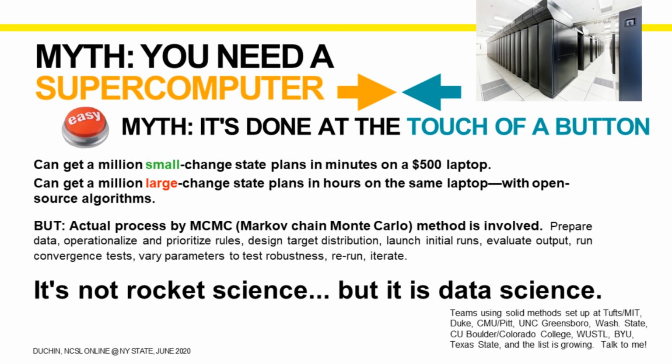There's a team at Duke, CMU/Pitt, UNC Greensboro, Washington State, University of Colorado Boulder, Colorado College, WashU St. Louis, BYU, Texas State, now UT Austin. There's one starting at the University of Connecticut, and the rest is growing. And I would be absolutely happy to put you in touch with teams in different places if you want to compare methods and think about who you'd like to work with.